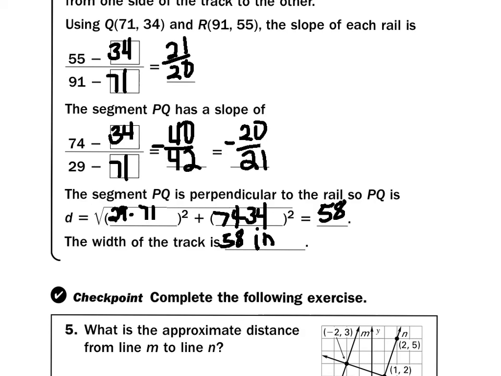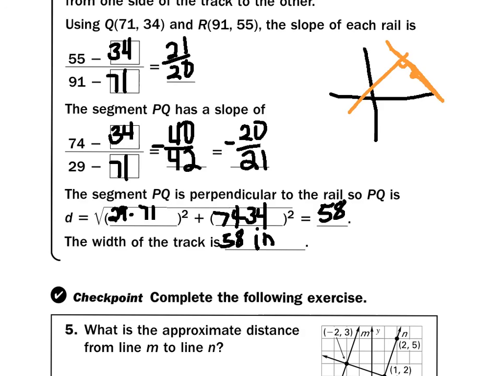All right. So let's review this one real fast. If I have a graph and I have a line on that graph, and I want to know how far it is from this point to that line, I would need to know the equation of the line perpendicular to that one that goes through that point. And we already know how to do that, right?